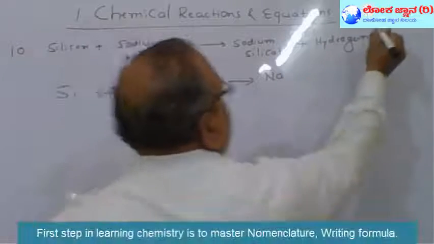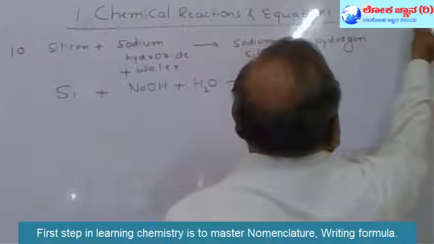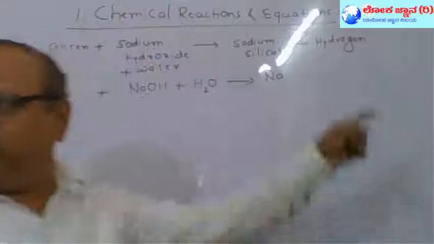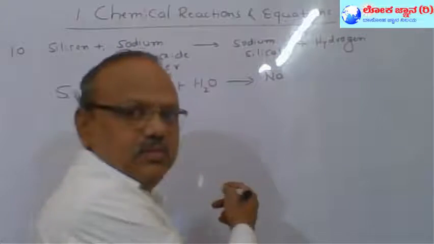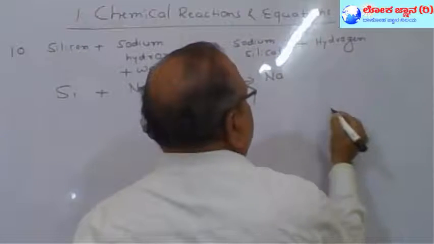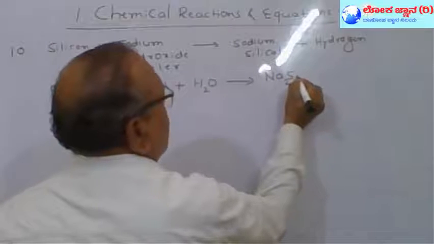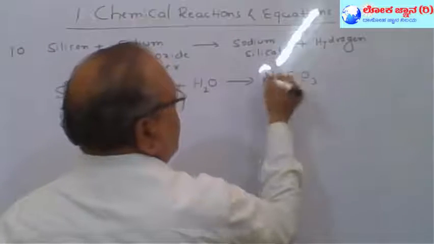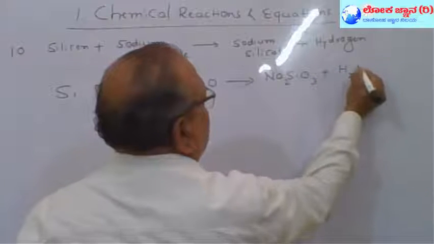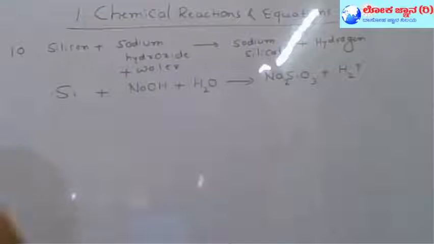Cross the valency. Whenever you are doing it the first time, write it in rough like this. You get Na2SiO3. Plus hydrogen is a gas, you write it as H2, with an upward arrow mark which shows gas is liberated.